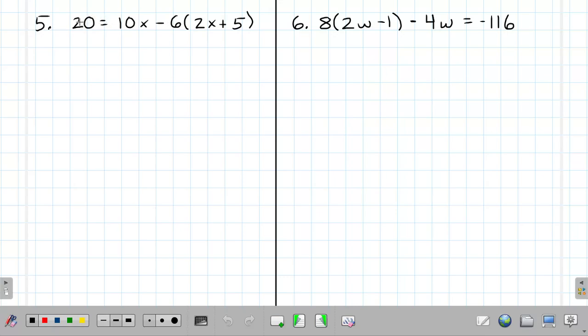Except in this case, we got the number on the left-hand side. Our variable stuff is on the right. So first thing I want to do here is I'm going to rewrite it, flipping it around. And then once again, I see I've got subtraction here. So a lot of people want to just jump in and try to distribute a 6 because it's 6 times 2x plus 5.